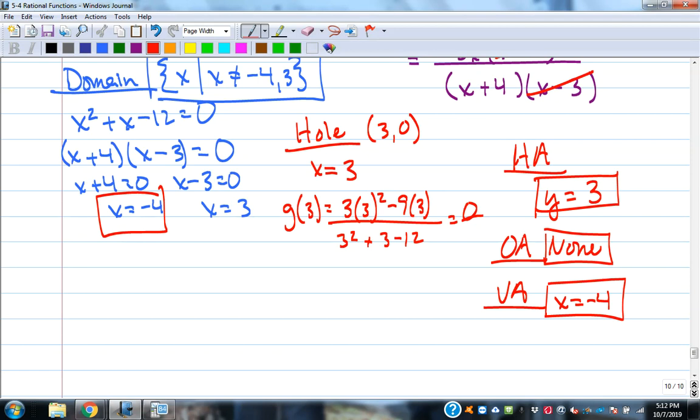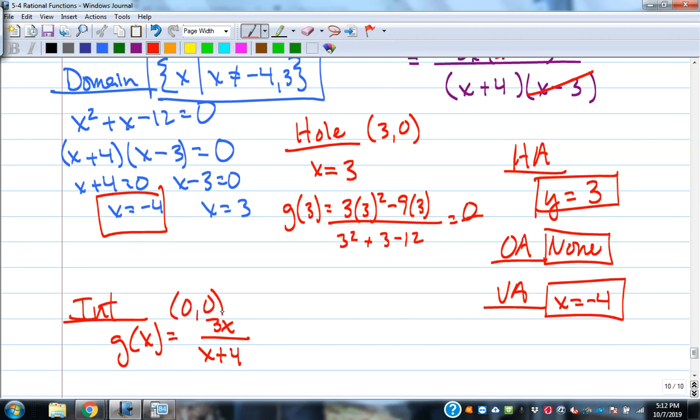Now, next thing to decide are our intercepts. So I'm going to use the simplified version because it's a lot smaller. 3x over x plus 4. Get the y-intercept. Plug a 0 in for x. 0 on top.